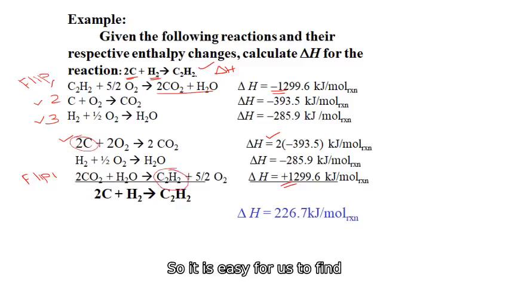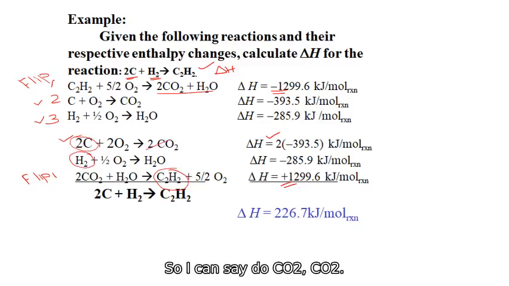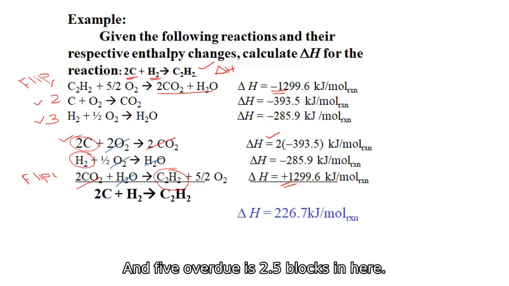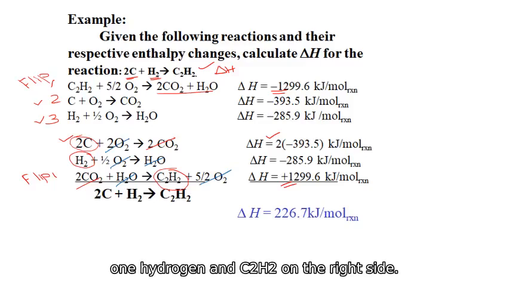So it is easy to find the ones which are not required and appear on both sides. I can see 2CO2, 2CO2, correct? And I can see 1 mole of water here, 1 mole of water here, and 2.5 oxygen on this side, and 5/2 is 2.5 oxygen here. So when we cancel, we will have 2 carbon, 1 hydrogen on the left, and C2H2 on the right side.